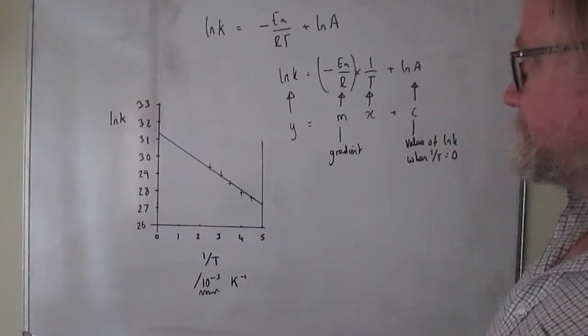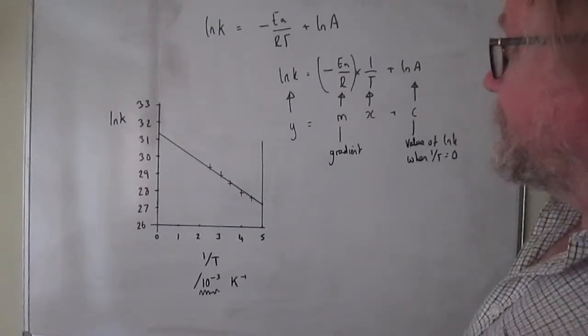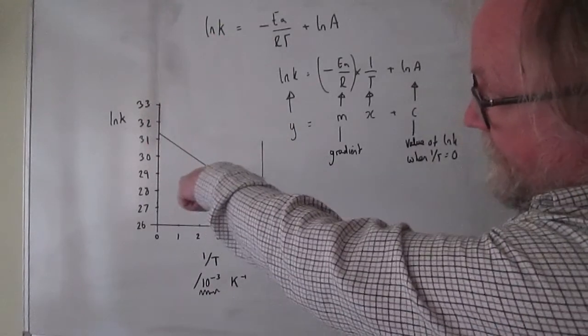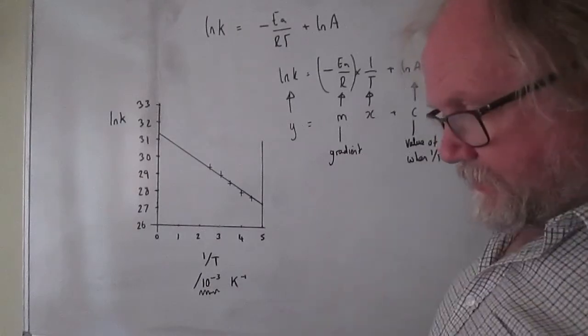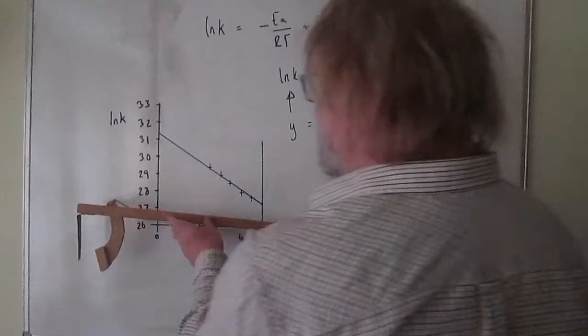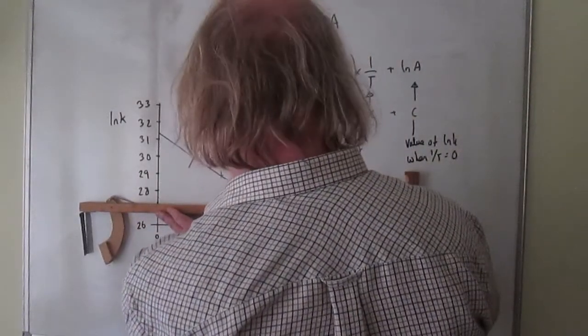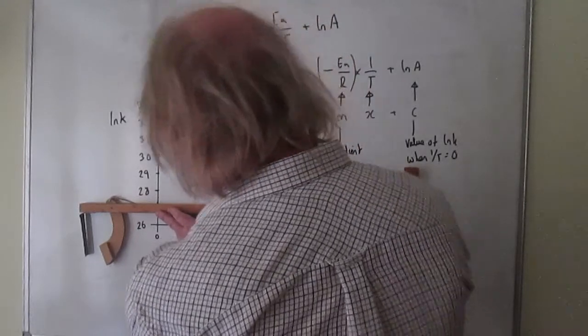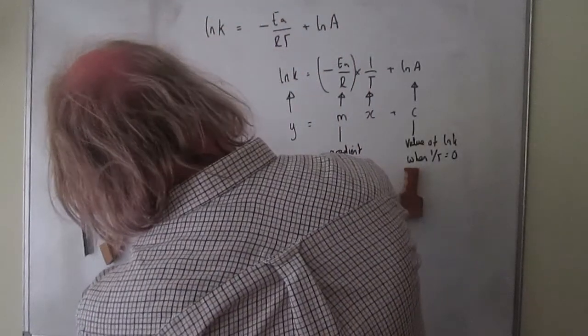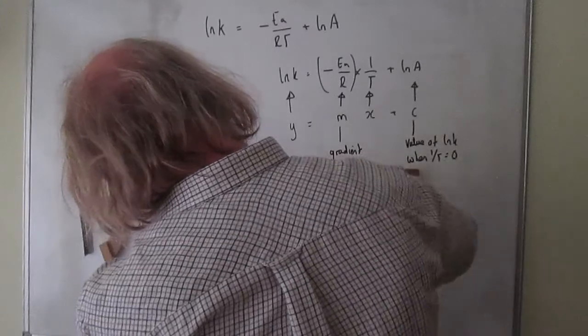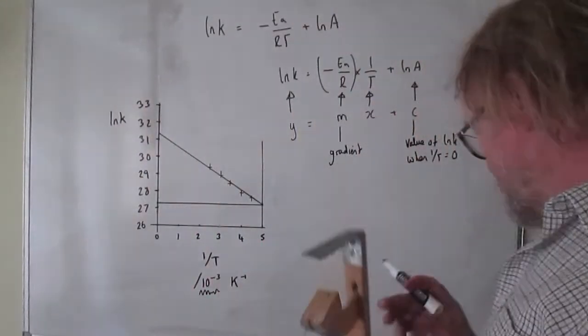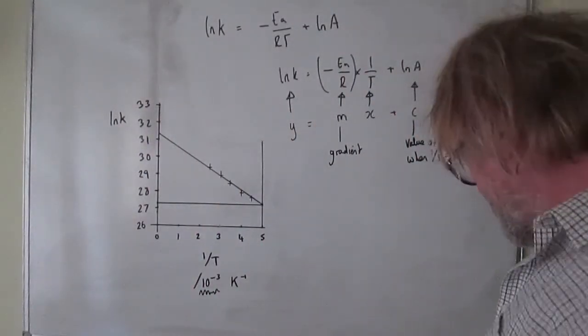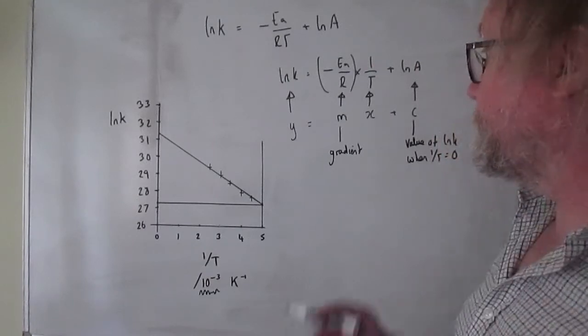So what that means is that we need a triangle where we can measure the vertical change divided by the horizontal change, and the thing to do is to make the triangle as big as you possibly can, because that way you minimize the errors in your calculation.